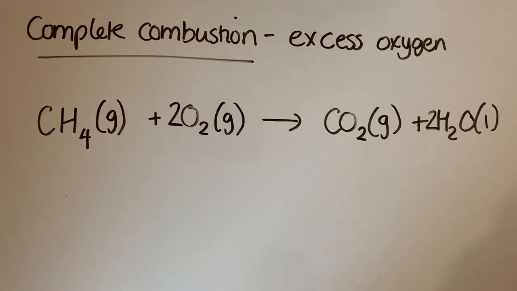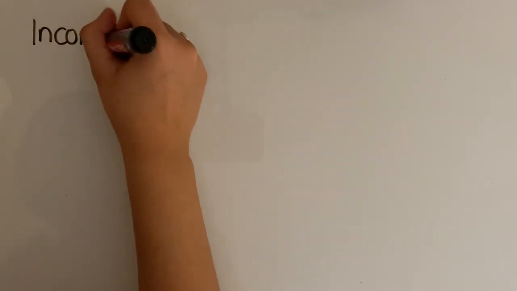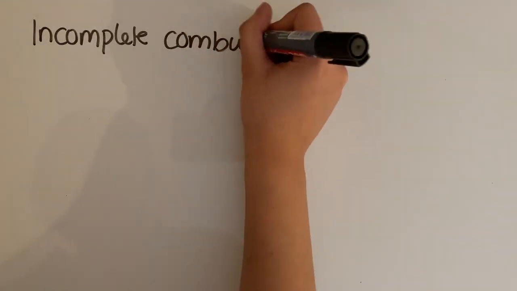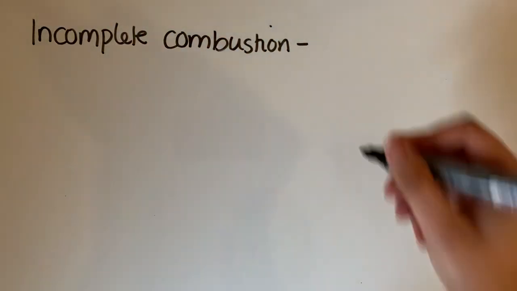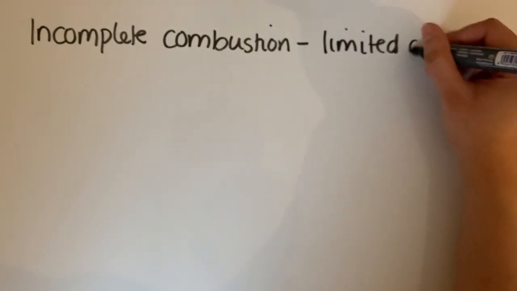The other type of combustion is incomplete combustion. Incomplete combustion is not favourable because it doesn't release as much energy as complete combustion does. Incomplete combustion is done when we have limited oxygen, so there's not a good supply of oxygen around.